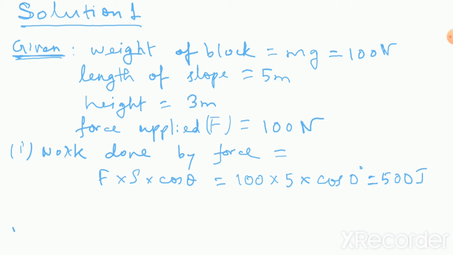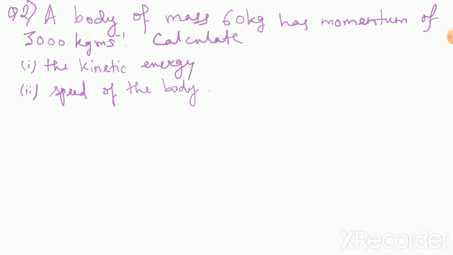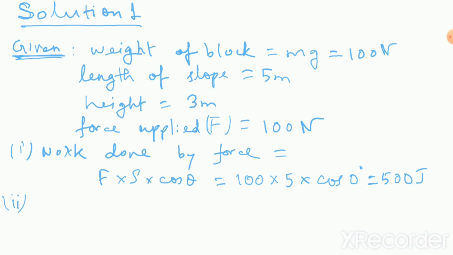Now let us come to the second part. The second part says what is the gain in potential energy, or increase in potential energy. The increase in potential energy is given by the formula mgh, where h is this height, and the length of the slope was the displacement s.